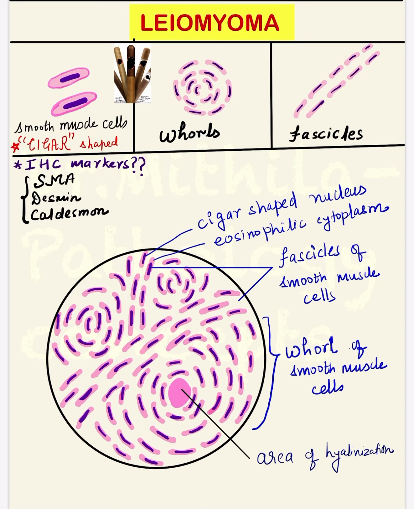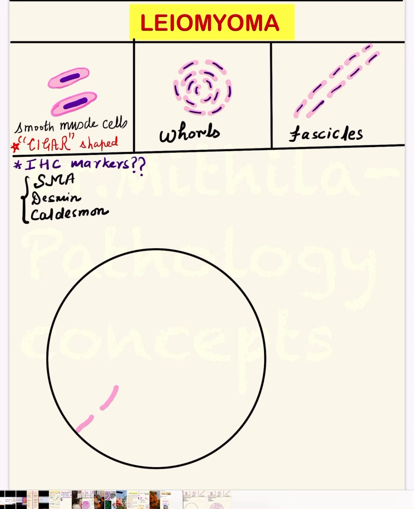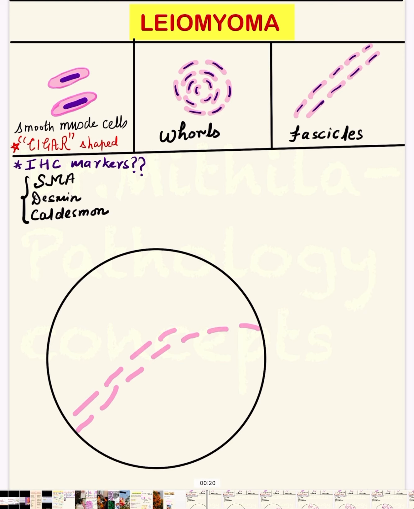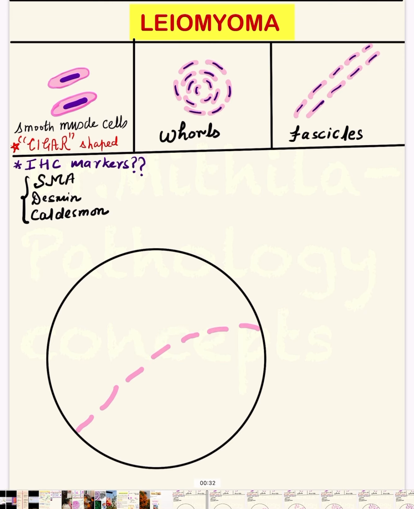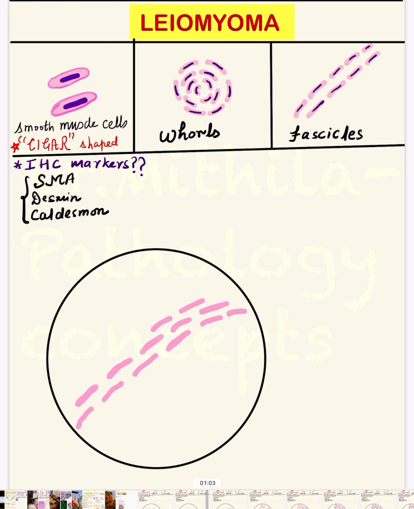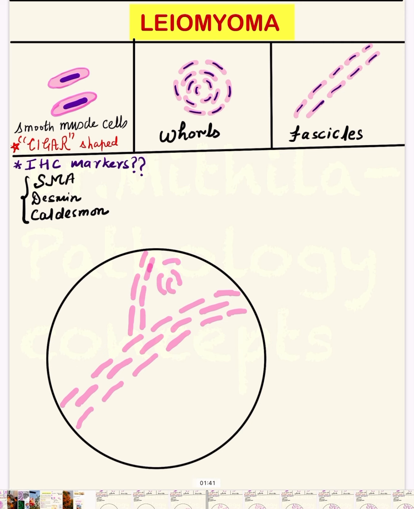So let's see how we make a diagram of leiomyoma. First we make the fascicles. That's the bundles of smooth muscle cells. Like this.